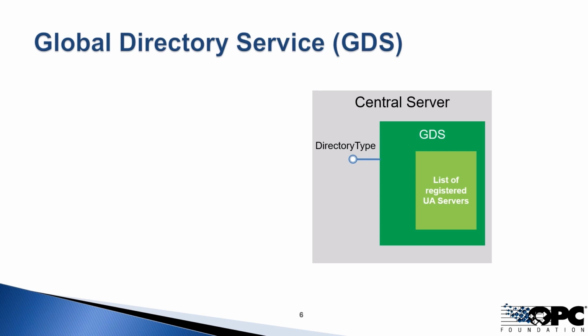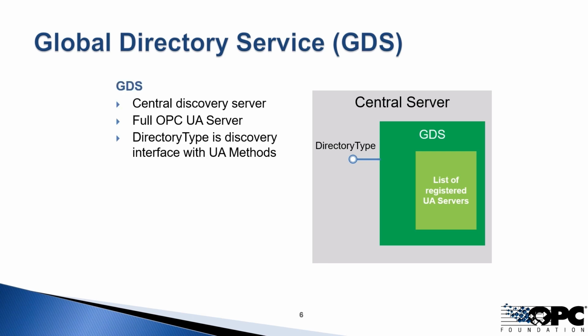So OPC introduces the concept of a global directory service to overcome some of the limitations of the ad hoc discovery mechanisms. In this case, the GDS can stand for Global Directory Service, or it can also imply a global directory server, that is a central server that runs the global directory service.